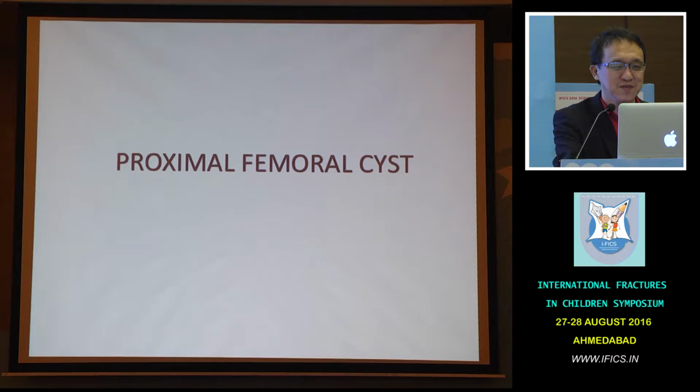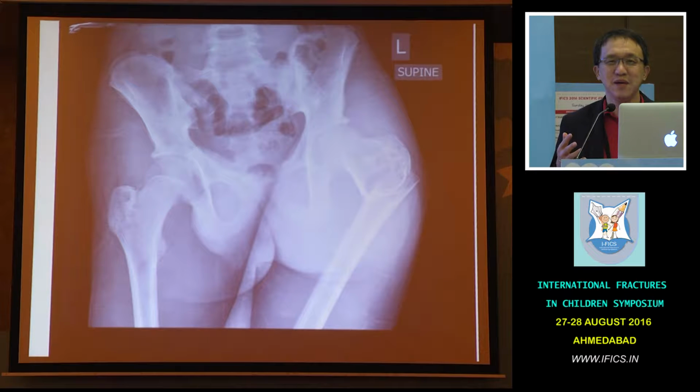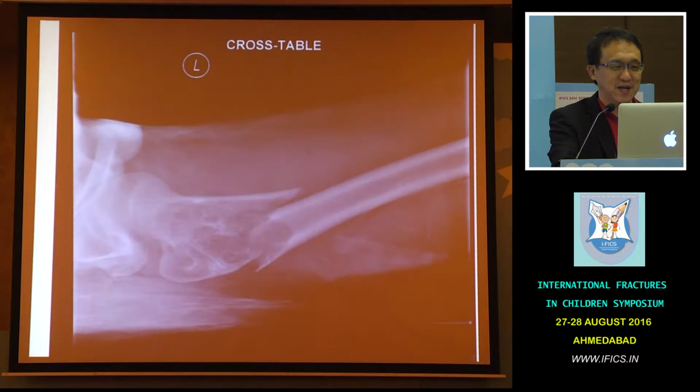All right. So the first one, I think this is probably very common. Almost all of you who practice anything in pediatric orthopedics will end up having a case like that, right?